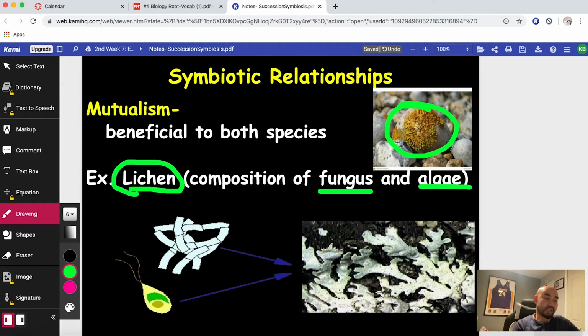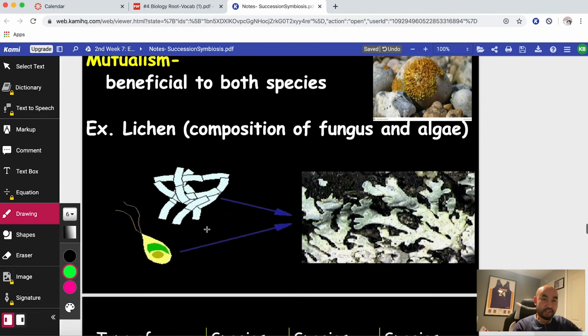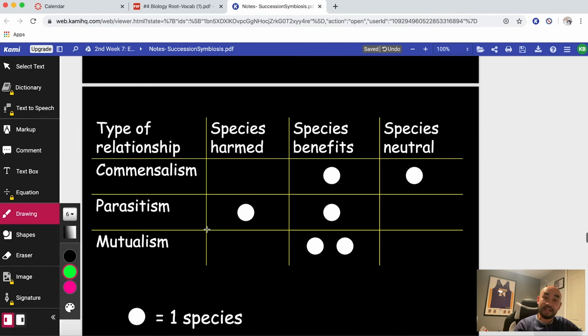And they have a mutual relationship. They break down rocks, they break down minerals, non-living things, and release nutrients back to the earth. And they both work together to survive, right? A mutualist relationship. And lichen is important. We're gonna save that for the last few slides, okay?